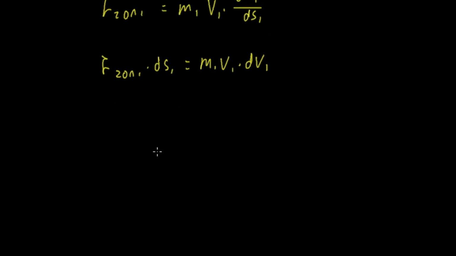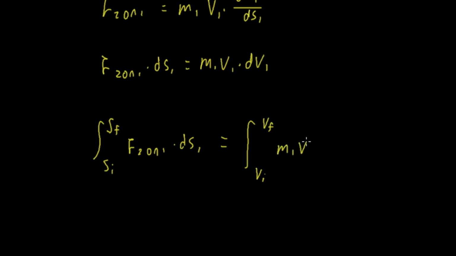Okay, of course, we have to integrate both sides, right? So since we're integrating ds here, we will evaluate from initial position to final position, okay? So that is force 2 on 1 ds1. That's equal to, of course, right? Integrate this side. We're integrating dv here, so it's from initial velocity to final velocity. Mass 1 times v1 times dv1.